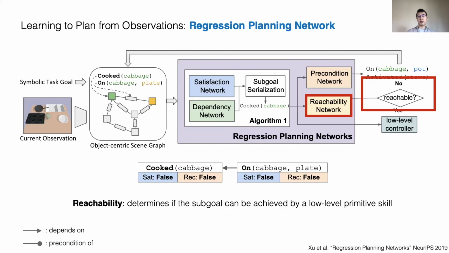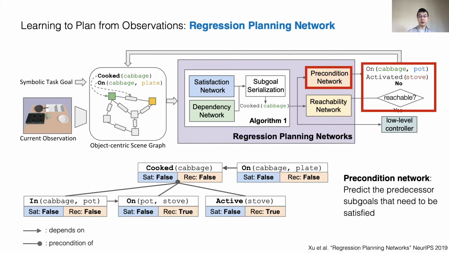Once we determine what is the next immediate sub-goal, which is to make the cabbage cooked in this case, the reachability network determines whether this is reachable from the current state. Here we see that the reachability network says no, so we feed the preconditions of the sub-goal back to the network, and the preconditions are also predicted by the precondition network module as a set of predicates.